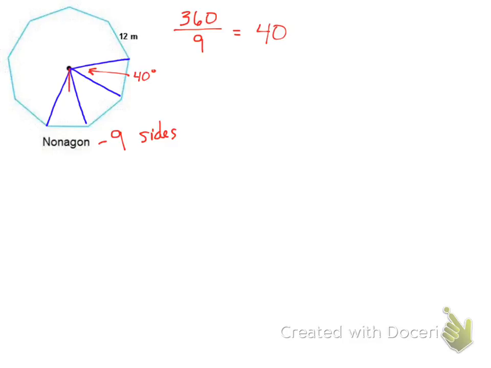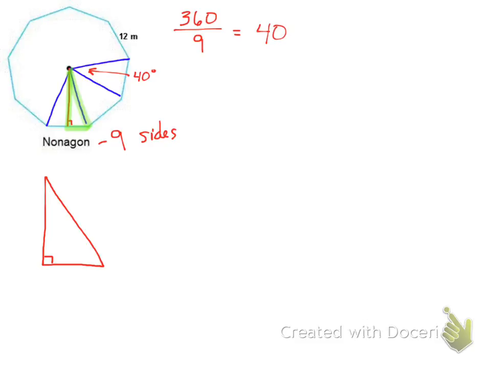Again, what I want to find out is my apothem, which is that red line that I just drew. To find this, I want to take this triangle right here, cut it out and make it bigger so I can use trig and see exactly what I'm talking about.